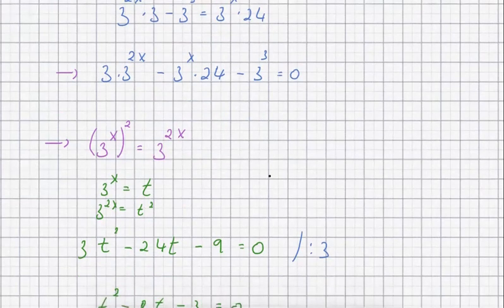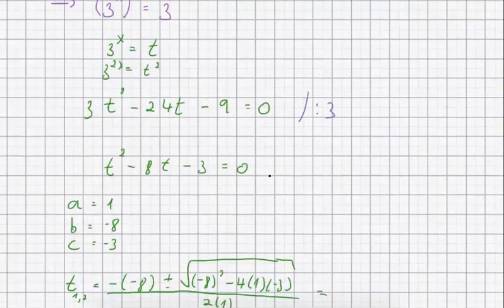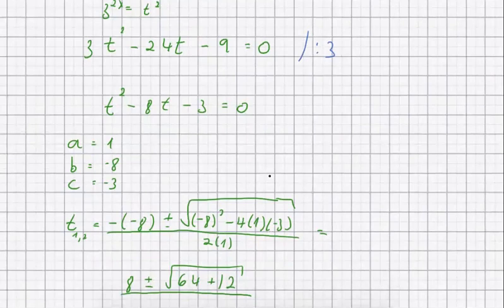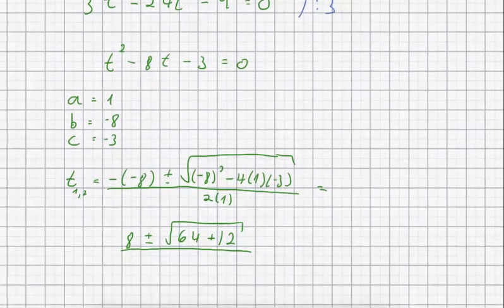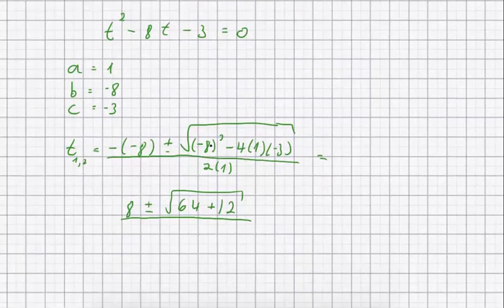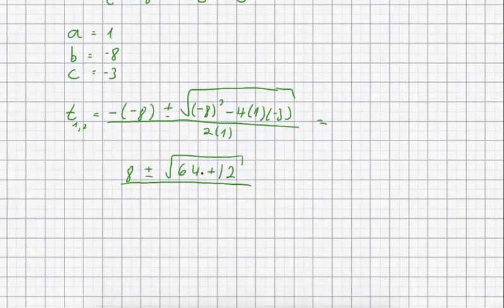Maybe there is something I did wrong here, but I think it's okay. Oh, sorry. No. 8 to the power of 2 is 64. The minus 4, plus 12 is 76. Divided by 2. This doesn't have a root, which is weird.